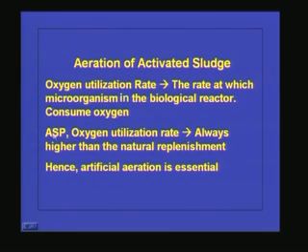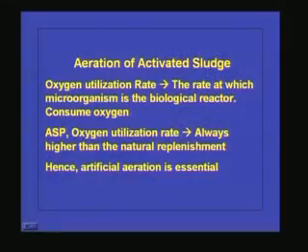In any activated sludge process, the oxygen utilization rate is always higher than the natural replenishment rate. Hence, artificial aeration is essential, because we have to meet the oxygen utilization rate in whatever way we can to get maximum efficiency. Natural aeration will not be able to provide that rate. So, what is the other way? We have to go for some mechanical devices.